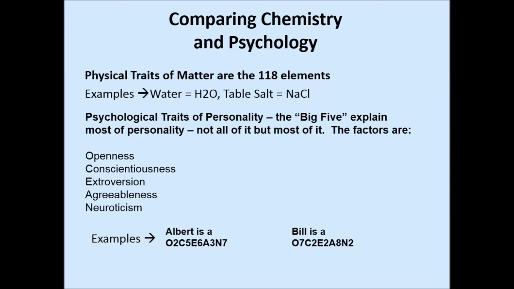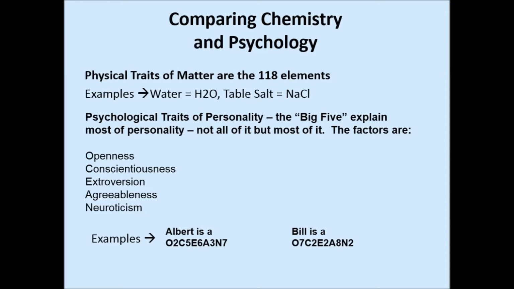Table salt is 1 part sodium, 1 part chlorine, and all matter, says chemistry, is made up of 118 elements. Well, just a few moments ago, we said that perhaps most of human personality could be explained by 5 factors, 5 traits, 5 elements.